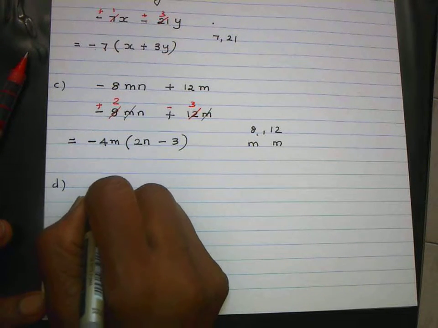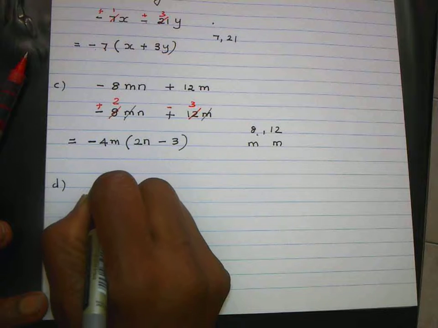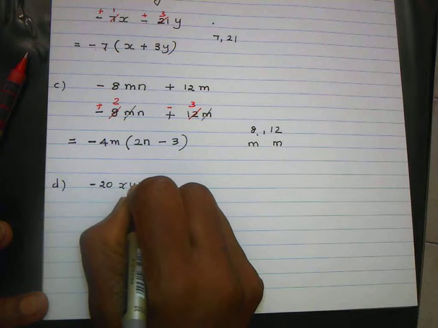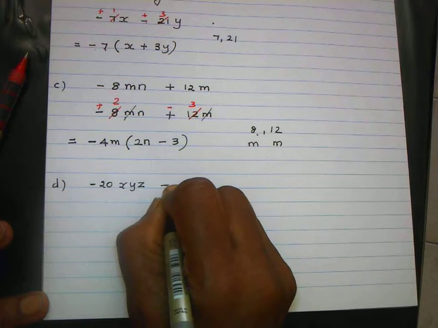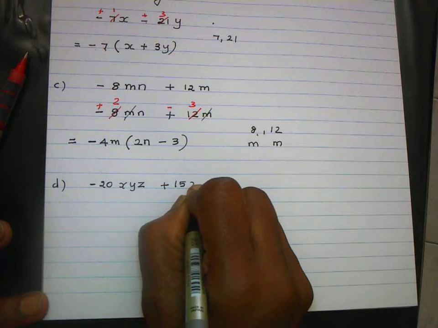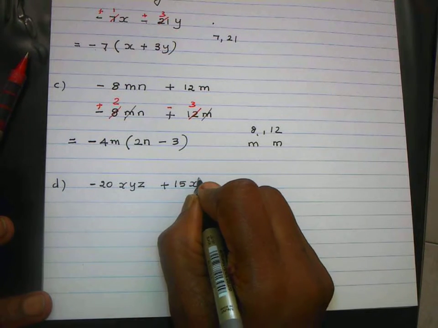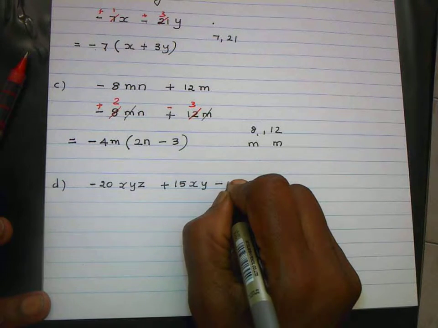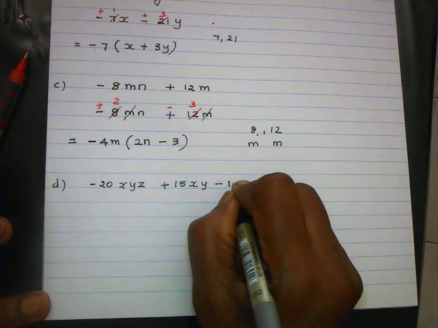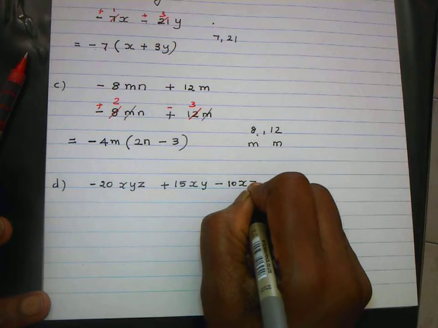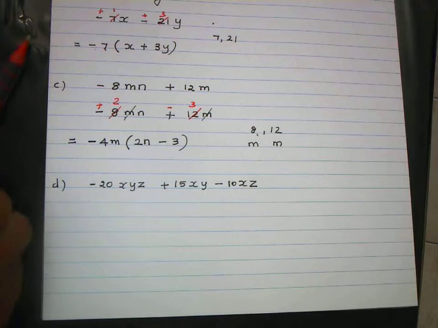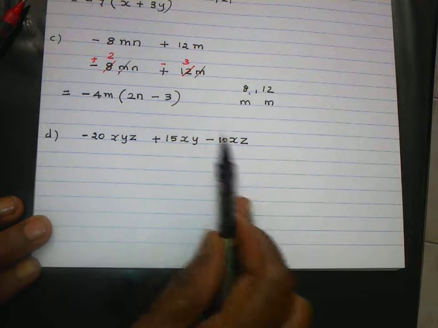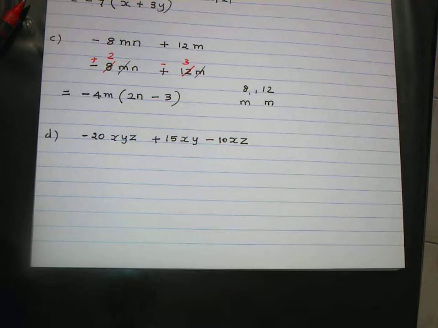I just take minus 20xyz plus 15xy minus 10xz. Okay, when you look at this question, there are 1, 2, 3 terms. There are 3 terms. Now the first job is remove the minus.